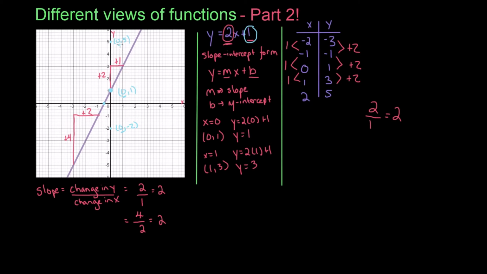We know that our x always has to be 0, so all we're going to do is sub in 0 for x and solve our equation. 2 times 0 is 0, plus 1, and y is 1. So by putting in 0 for x, we can see that y equals 1. And since only one point on this line will have an x-coordinate of 0, we can feel certain that 0, 1 is our y-intercept.